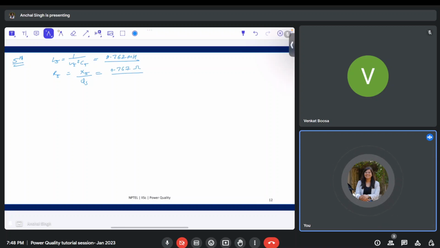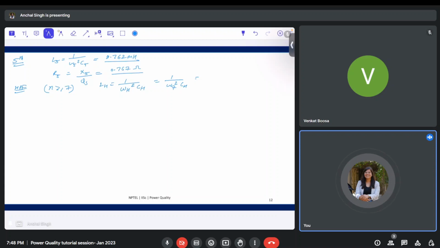Now let us calculate for the high pass filter or the high order damped filter, which will be used for harmonic order greater than or equal to 7. So we will design LH as 1 by omega h square CH, and this h will be 7, right? Because 7 is the minimum harmonic that we need to take care of. Omega 7 square CH.